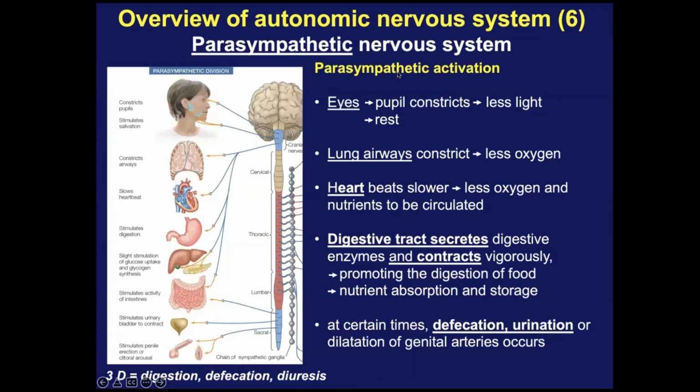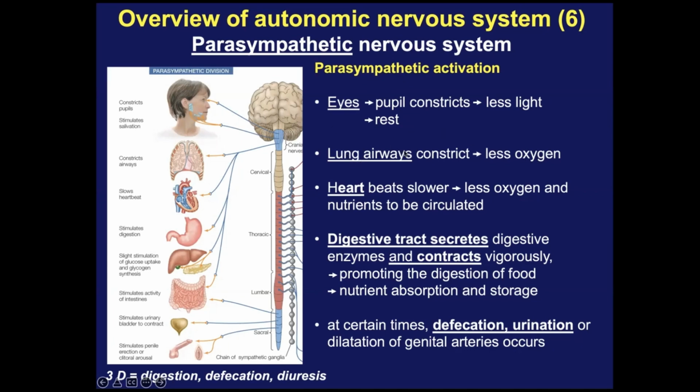During the activation of the parasympathetic nervous system, in the eyes, the pupil constricts so that less light can enter the eye, so that the person can have a good rest during this activation.